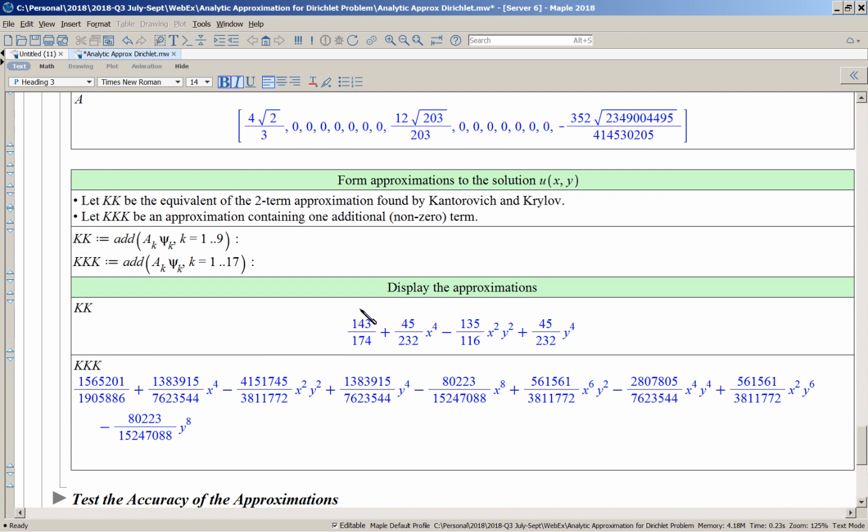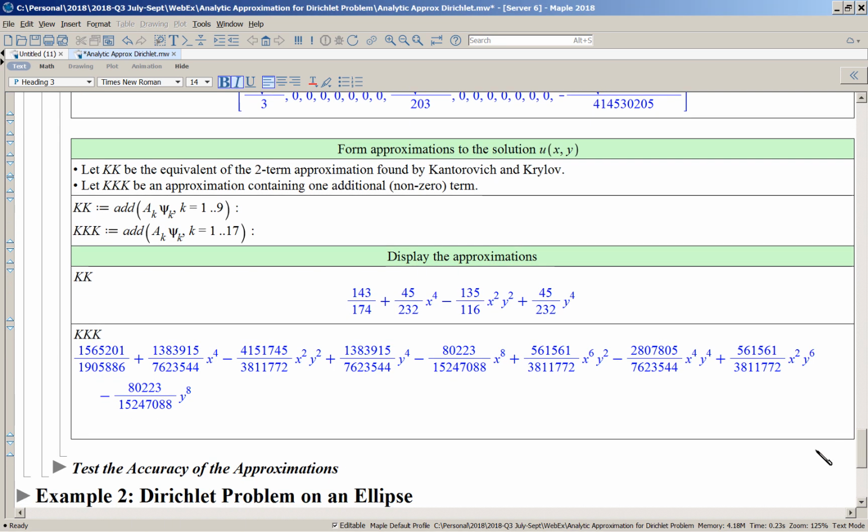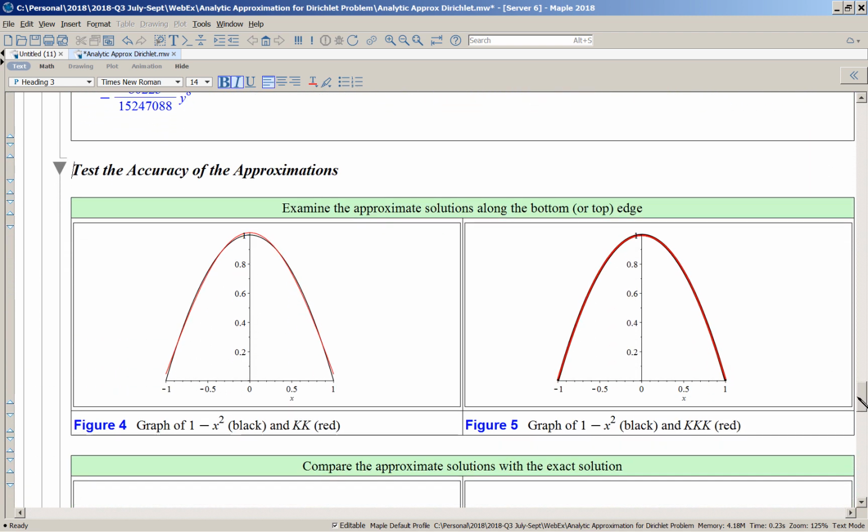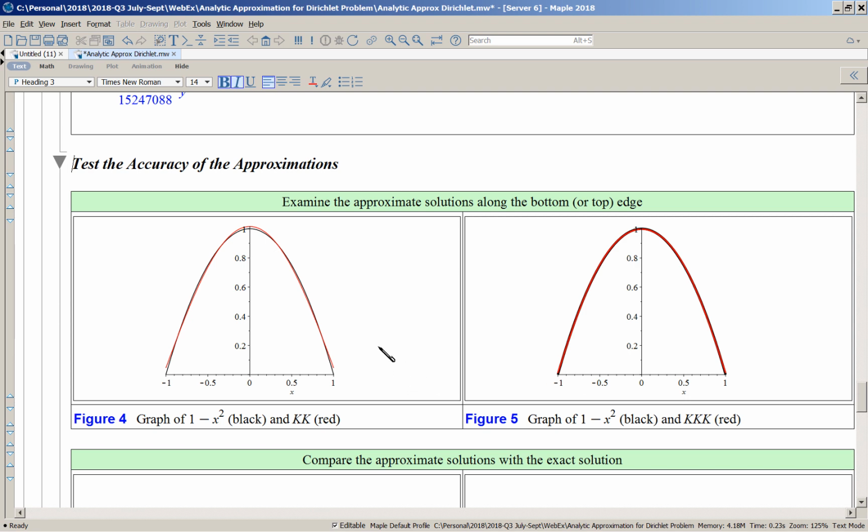This is what the 2-term approximation looks like using Maple, and this is what the 3-term approximation looks like using Maple. And finally, we want to test the accuracy of the approximation. I mean, anything is an approximation. It's just the question of how accurate is anything that you write down, right? So here are some experiments to see how accurate the approximations are.